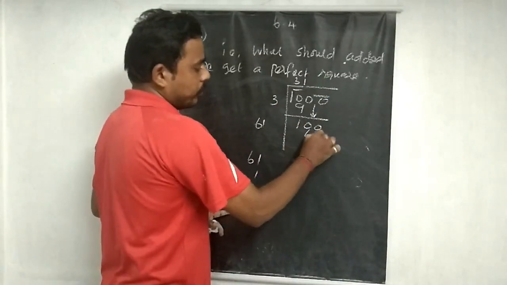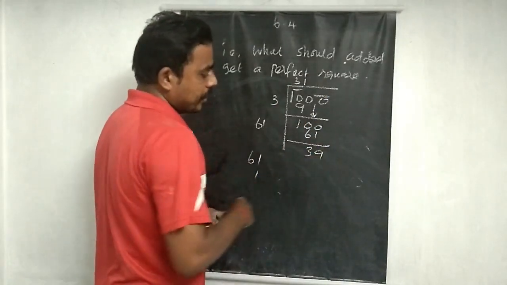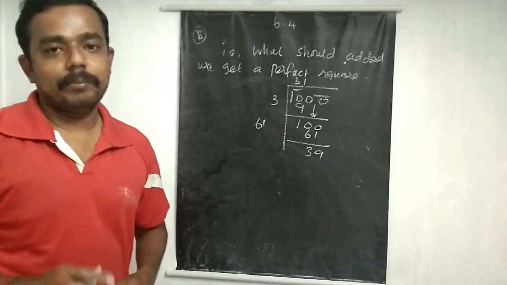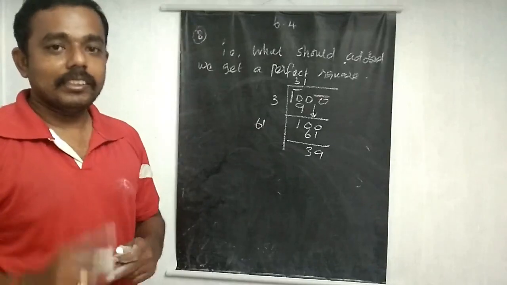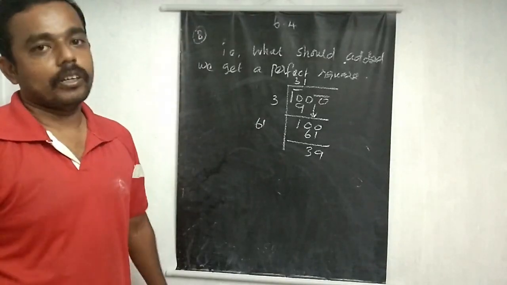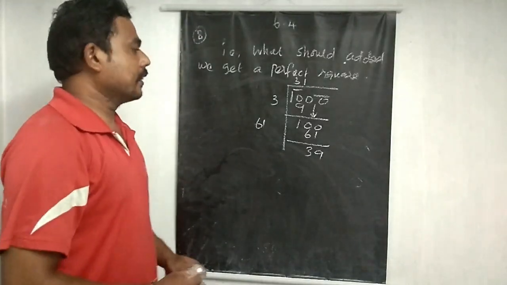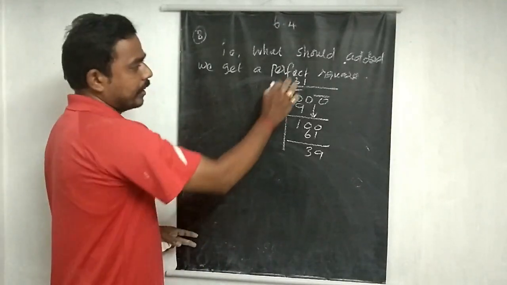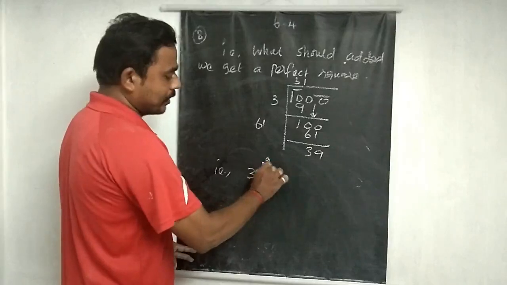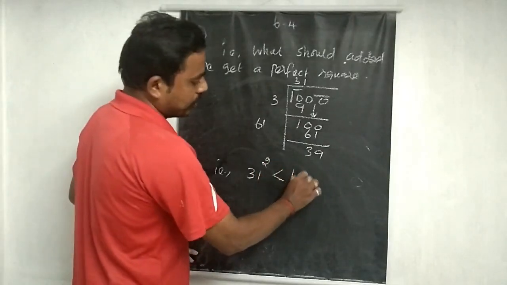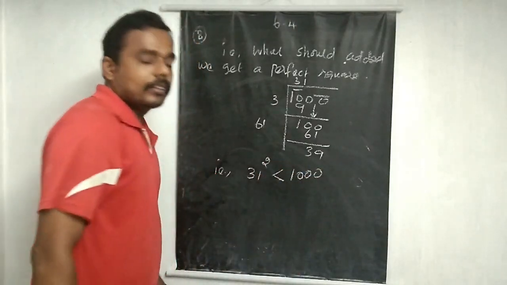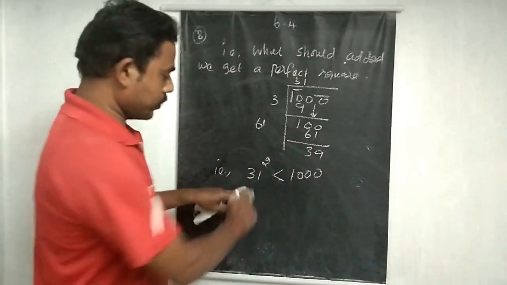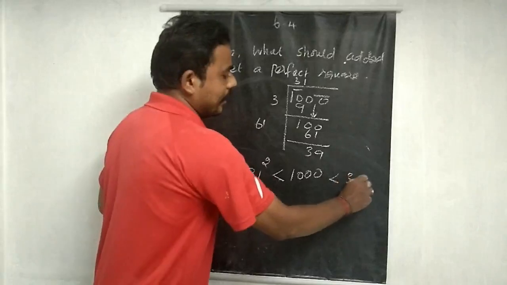So 61, remaining 39. What should be subtracted means 39 we can subtract, but here what should be added, that is the next perfect square number. So for that we write 31 now. So 31 squared is strictly less than 1000. Now what should be added? So we need to find the next perfect square number. So 31 now, so it should be less than 32 squared.